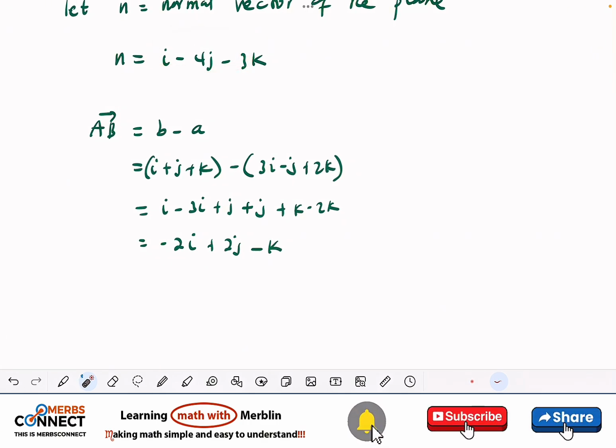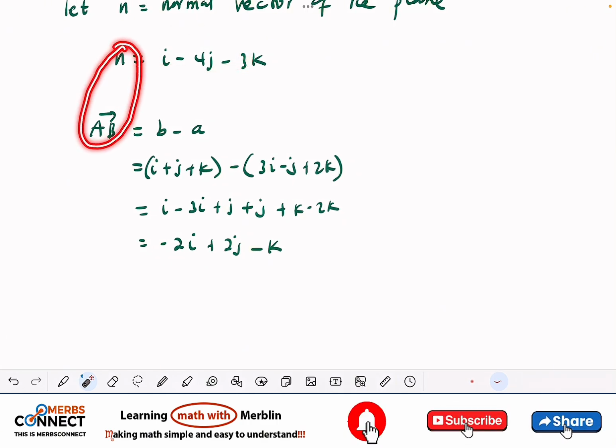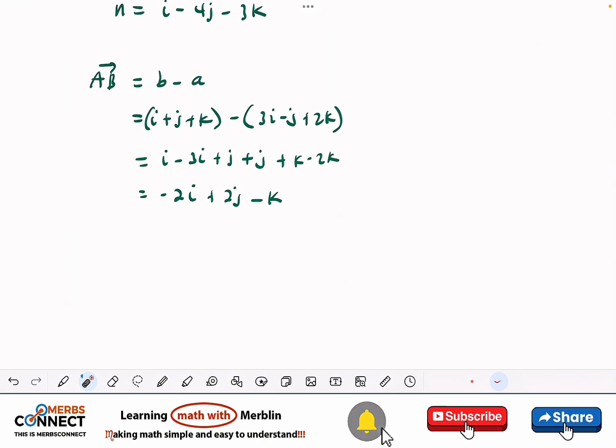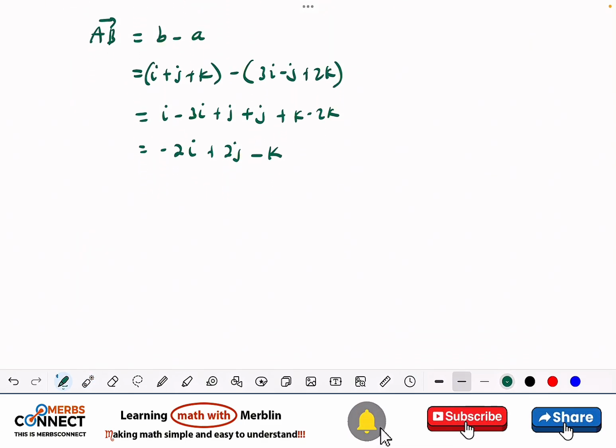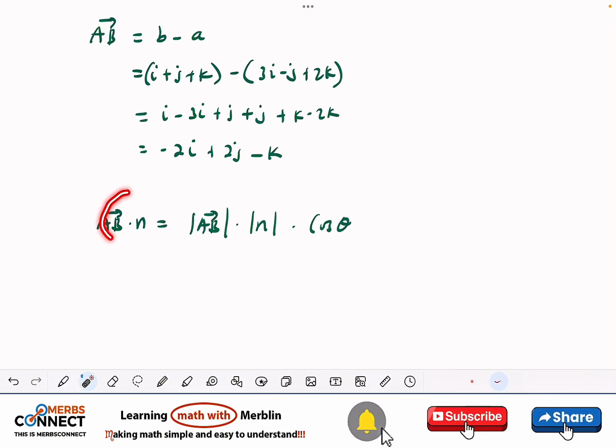Now I want to find the angle between n and the vector AB. We know that AB dot n is equal to the magnitude of AB times the magnitude of n times cos of theta. It's the same thing, it's just the vectors which keep changing.